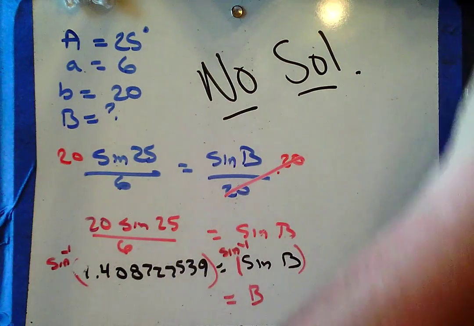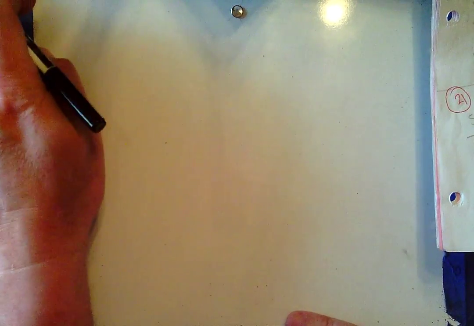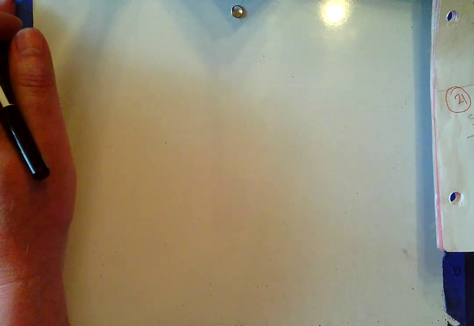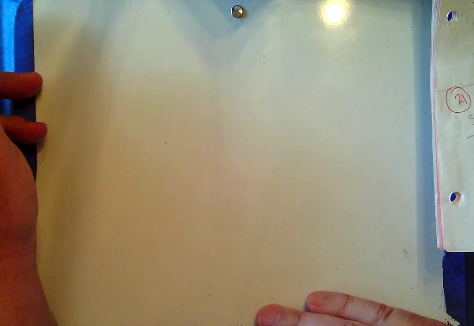Okay? Now, let's wrap this up by taking a look at two solutions. I want to take a look at problems with two solutions and discuss how we would go about finding that second solution. Generally when I'm doing these problems, I'm just given three pieces of information. I don't actually know, is this going to be one solution, no solutions, or two solutions when I'm starting.